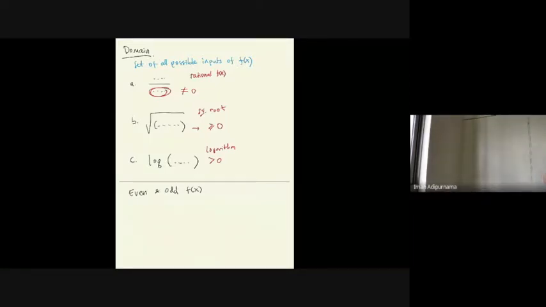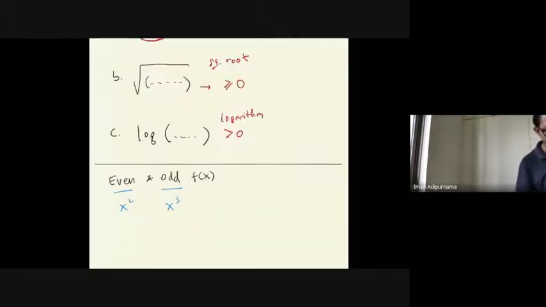Do you know even functions and odd functions, or did you just learn them now? Okay. So for example, even functions: an example is x squared, the easiest one. And odd: x cubed.